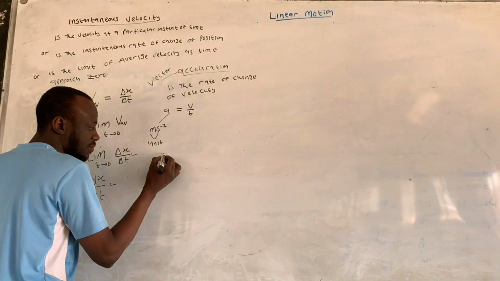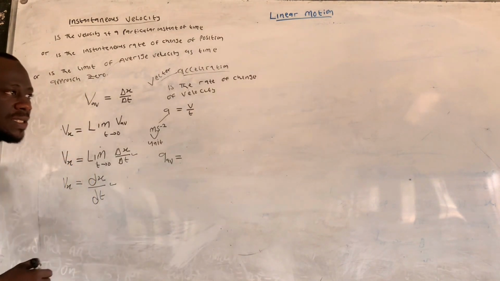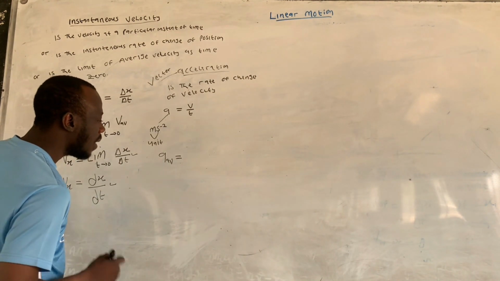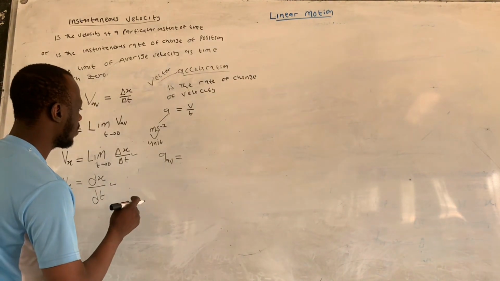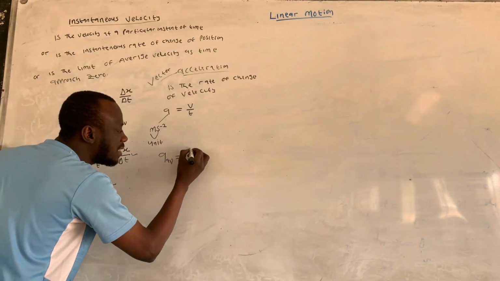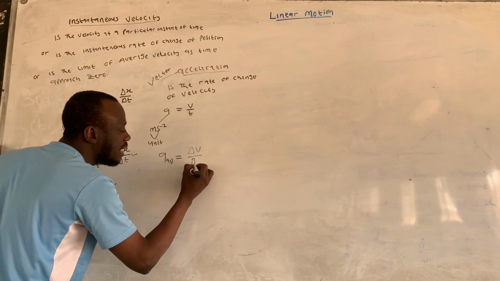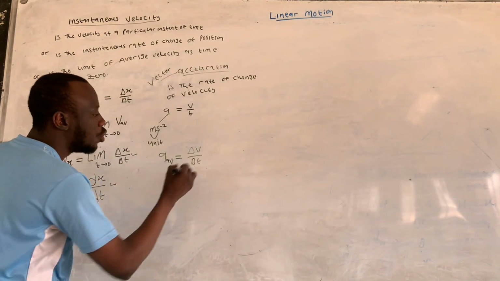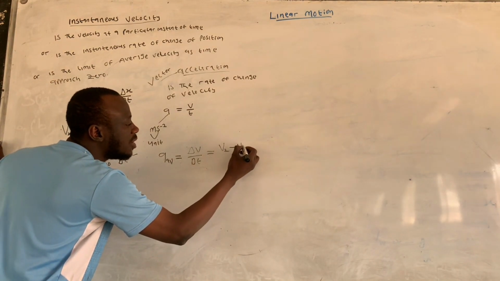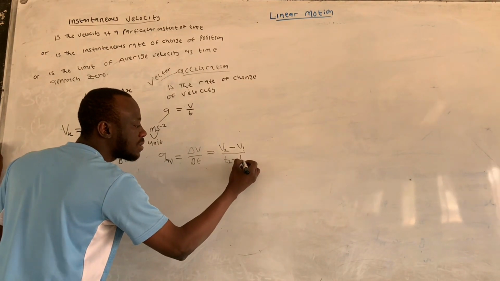Average acceleration, a average, is delta v over delta t, which is equivalent to v2 minus v1 over t2 minus t1.